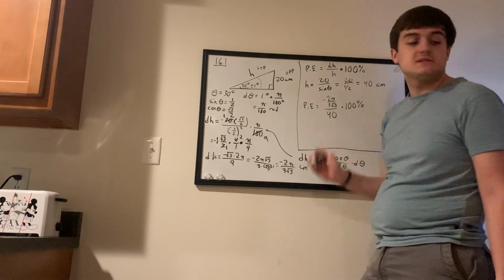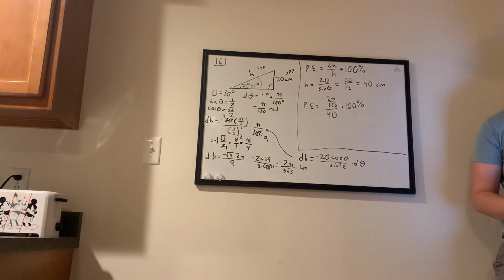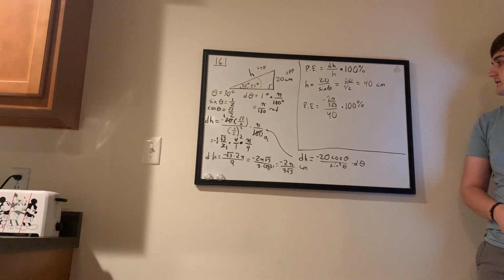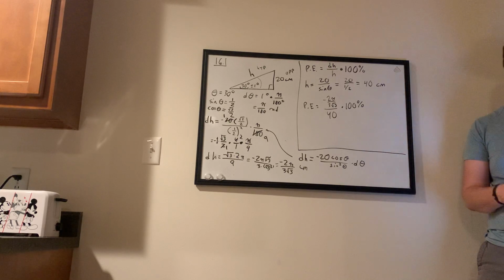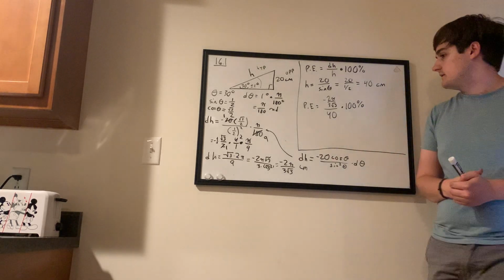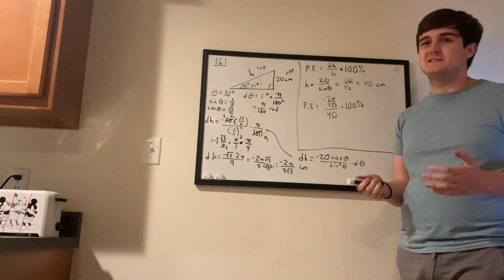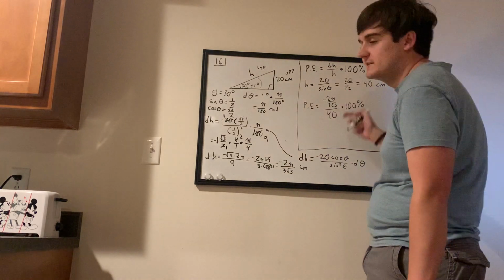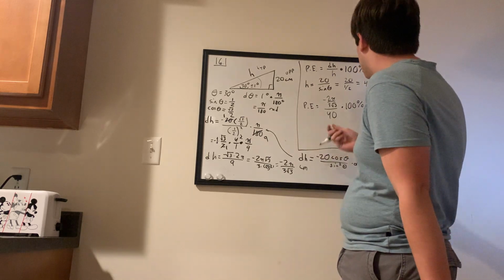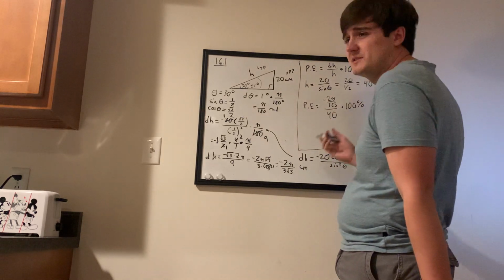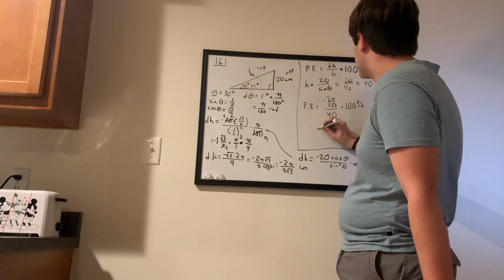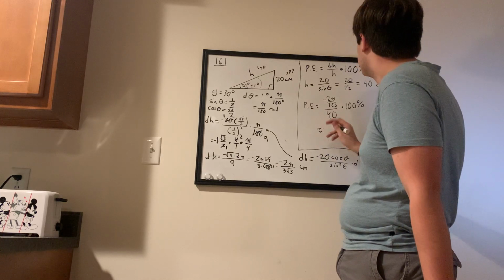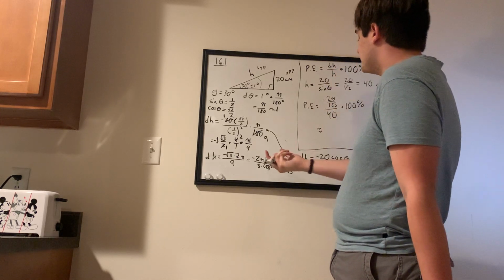So feel free to simplify here as much as you want to. It won't really give us a nice answer. The one provided in the key is just a decimal, so you could simplify this a little bit and call that good. Just make sure to multiply by 100.